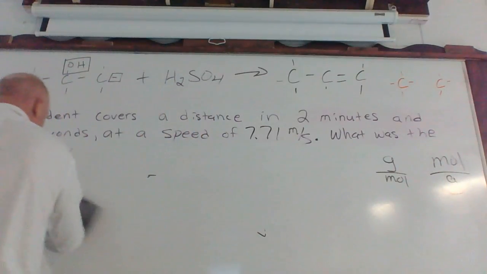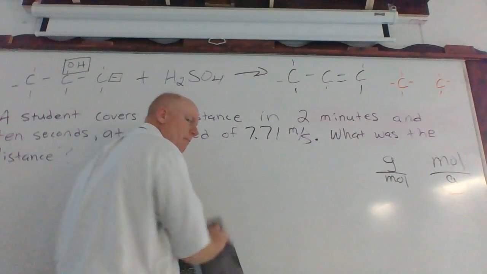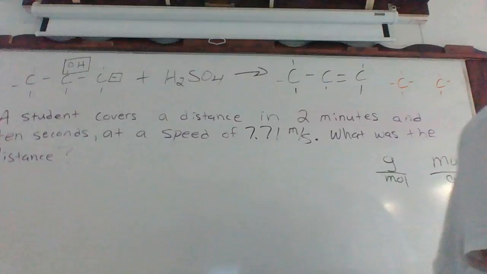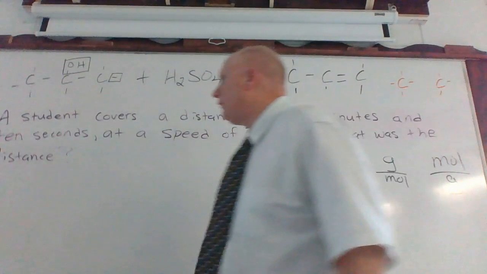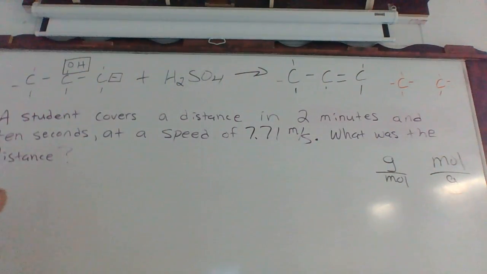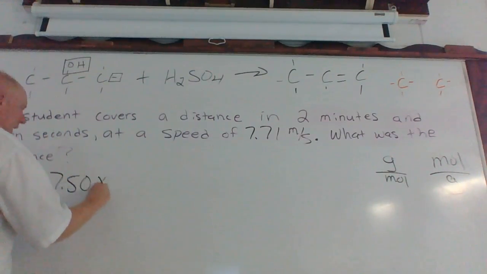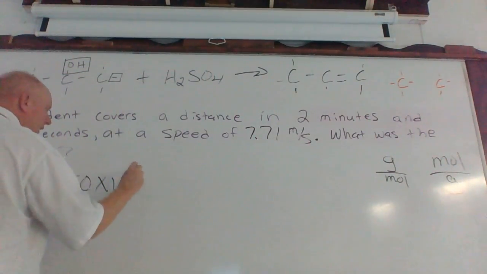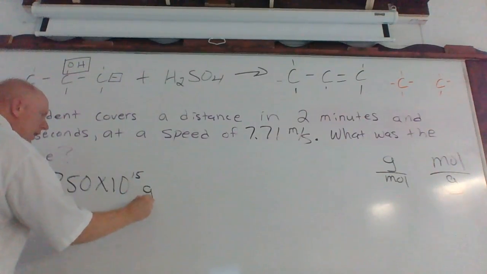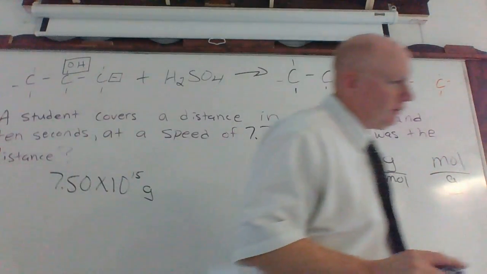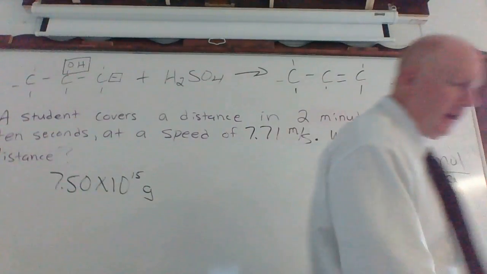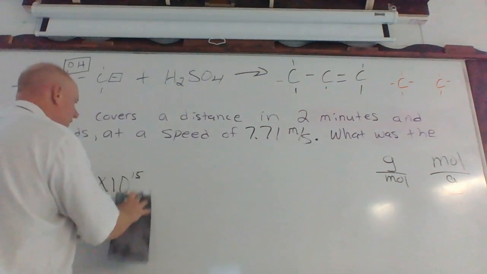As we look at that, we have a starting number, and that is 7.50 times 10 to the 15th. Now, this is atoms of nickel.